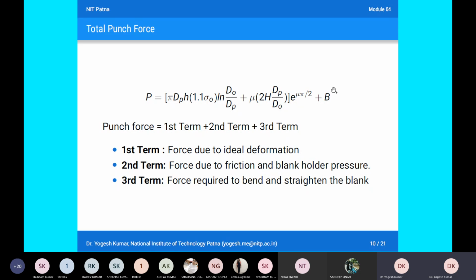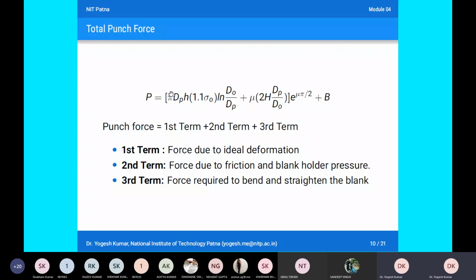Then the third term, that is B, is the force required to bend and straighten your blank. You may be given these values during your examination.